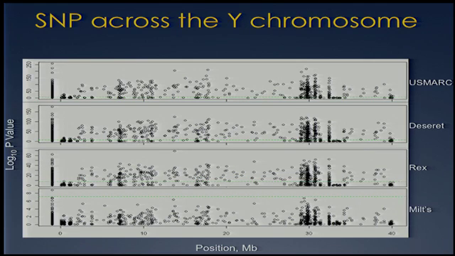And again, we have our green line of significance, and as you can see, across the entire Y chromosome, we are seeing SNPs that are significant. So it's just not one region of the Y chromosome. We're actually seeing it across the Y, indicating that possibly we don't know if it's fragments or it is the entire Y chromosome, but it is significant, multiple SNPs across the entire chromosome.